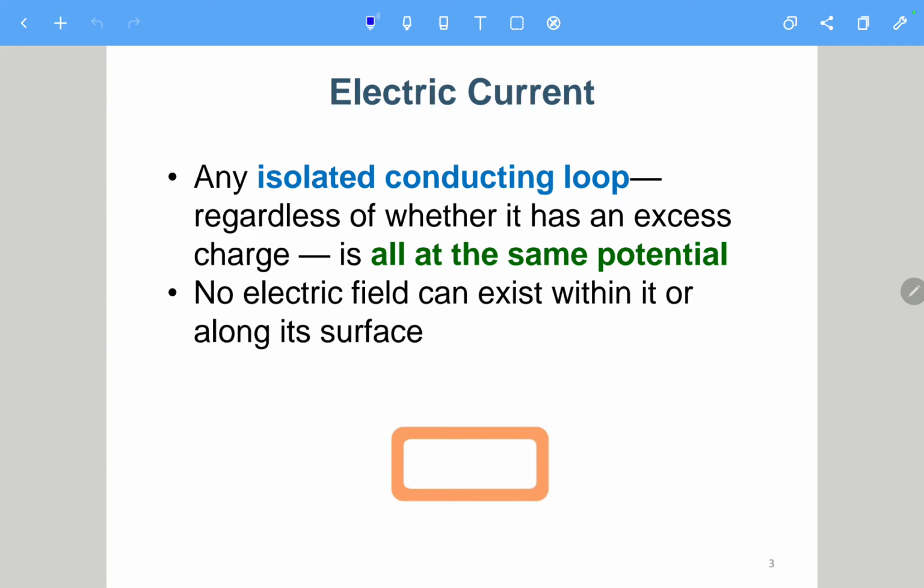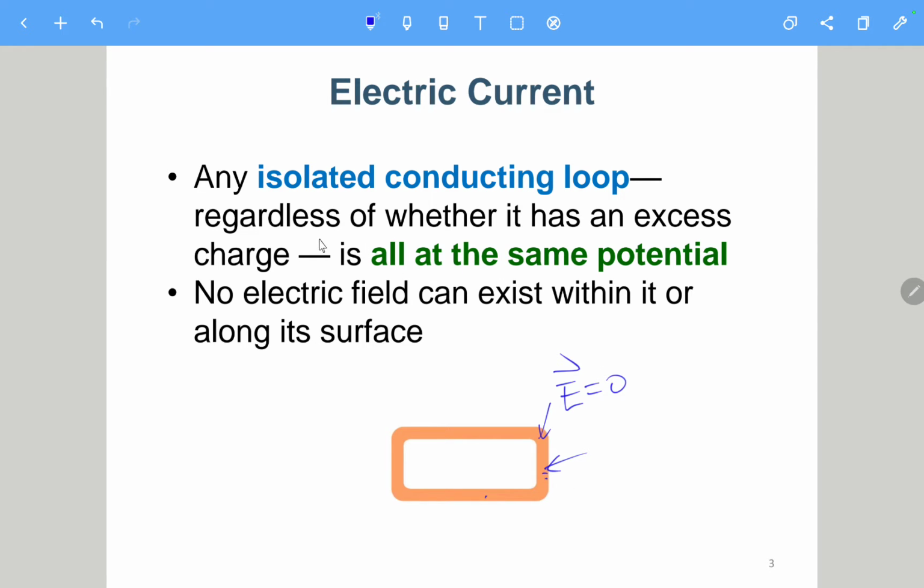So if there is no E field inside, then there won't be any potential difference. So for the whole loop, the electric potential should be the same. So there won't be any potential difference between any 2 points inside the conductor.